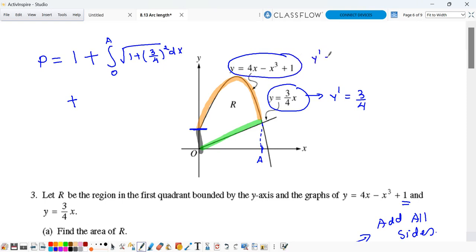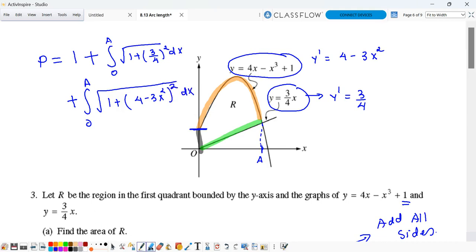The y prime is 4 minus 3x. So again from 0 to a of the square root of 1 plus (4 minus 3x) squared, and don't forget dx. And this will give you full credit.